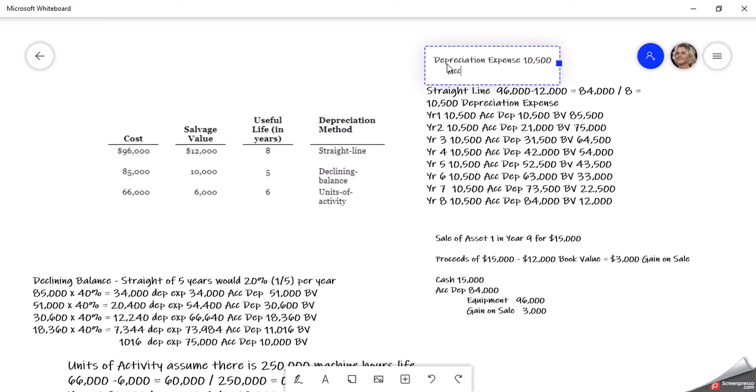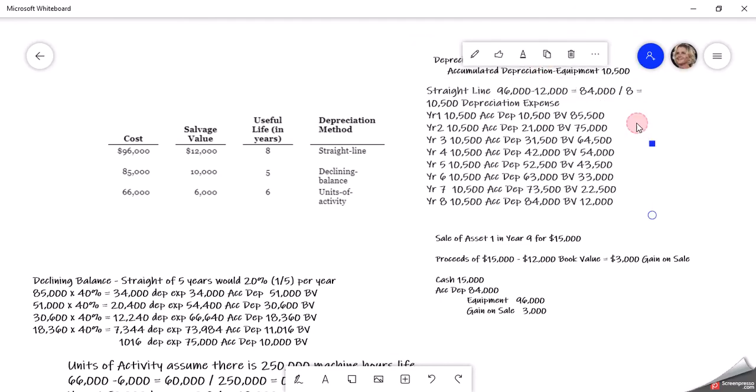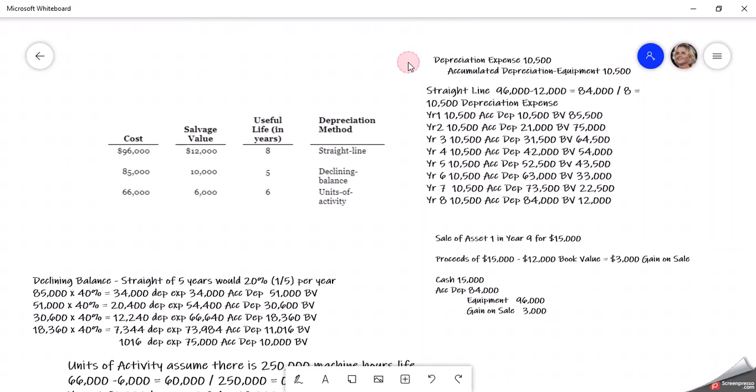And then we're going to credit accumulated depreciation. And then again, it would be like dash equipment if we're really looking at it on the balance sheet. So that would be our entry, and we would make that every single year. So each year we would do that exact same depreciation entry right there. And then again until we sold it, and if we sold it, again, depends on what we sell it for, if we have a gain or a loss.